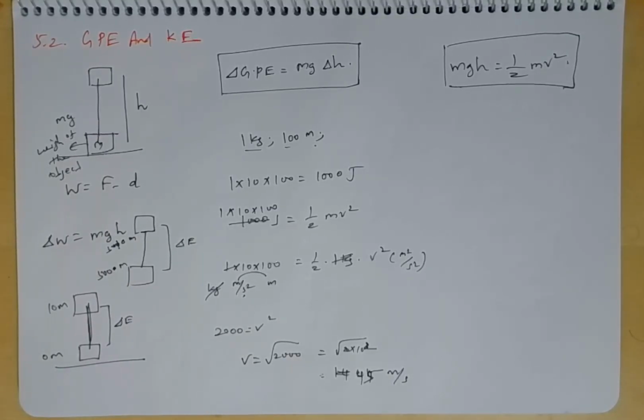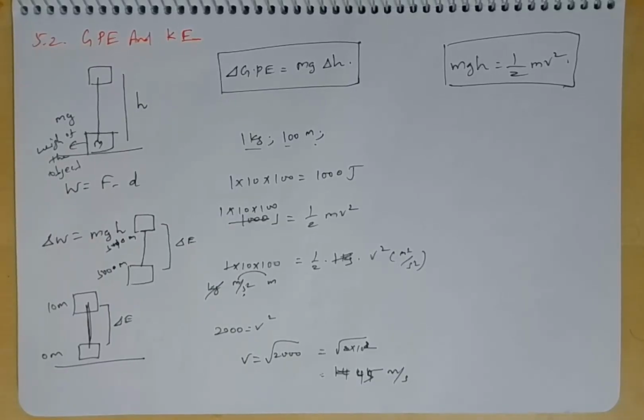Now, let's say that we have to throw an object to infinity, in distance. That means that we want to throw it out of Earth atmosphere. So we want it to leave the Earth atmosphere.